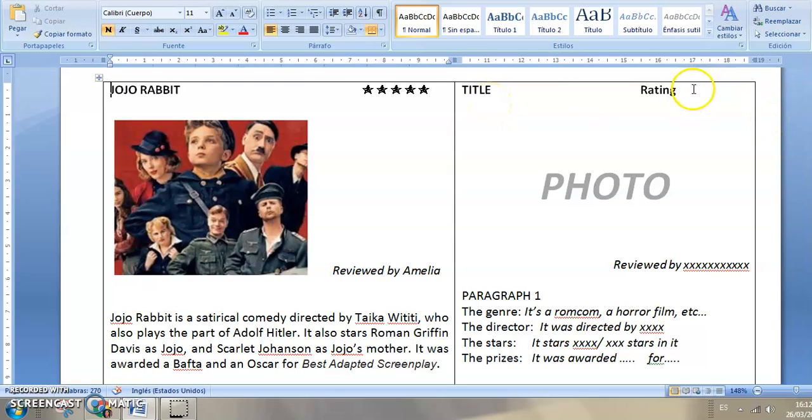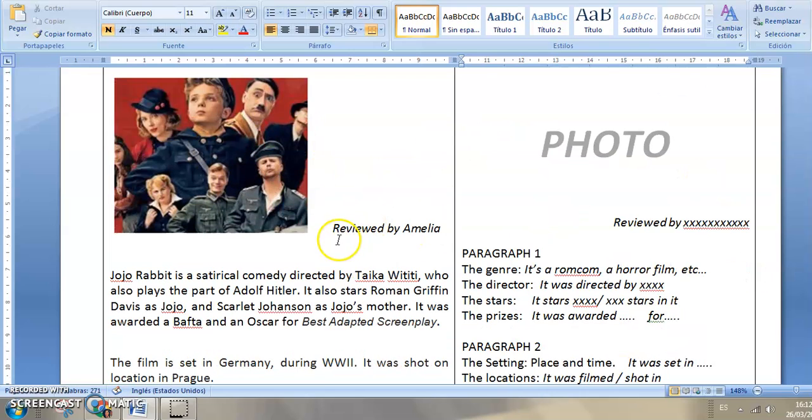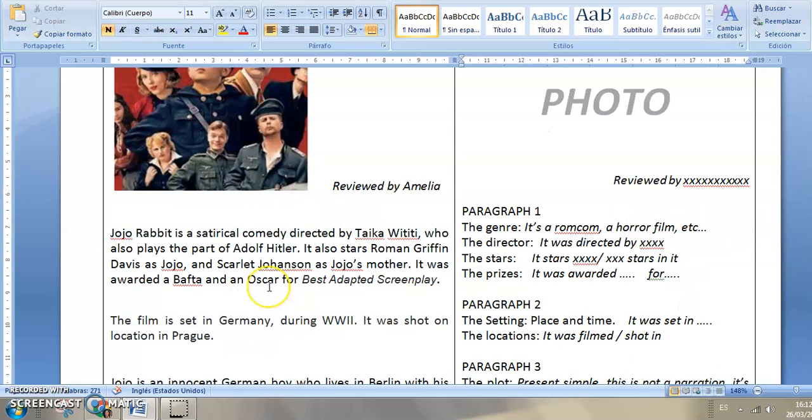You can rate it using stars or using numbers, 1 out of 5 marks, anything, okay? Or out of 10, it depends. I've also added a photo and my name, reviewed by, and my name, okay?